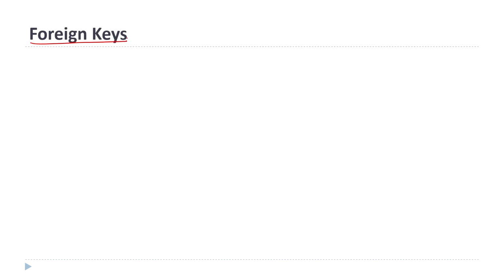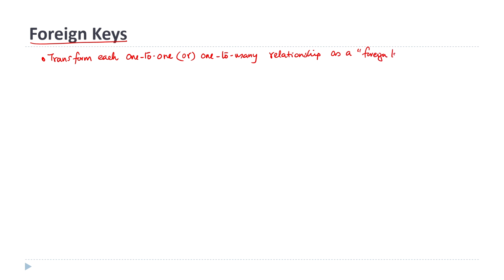Foreign keys are an important concept, and again we are not going to go into too much detail, but the fundamental aspect is to transform each one to one or one to many relationship as a foreign key.